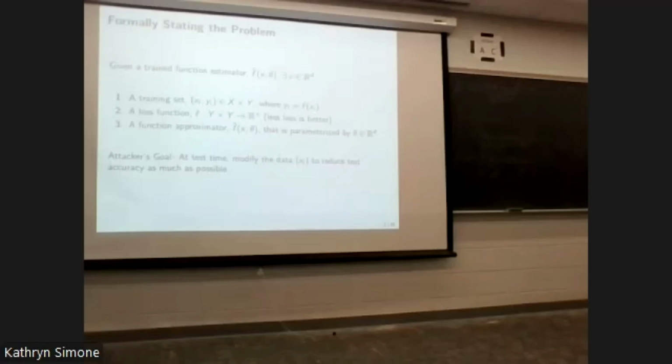We're not necessarily trying to make the model think xi is something else. You just want to make sure that it thinks xi is not equal to yi. So that is to say, again, we have f of x equal to f of x plus delta x, but f hat of x is not equal to f hat of x plus delta x.